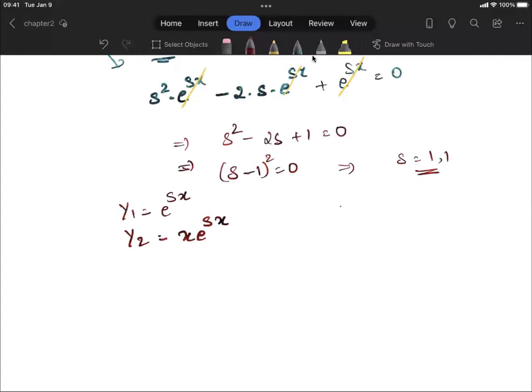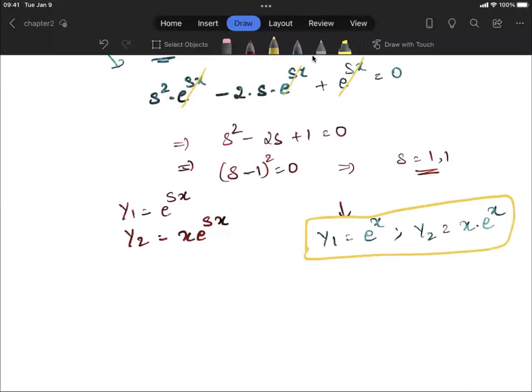So in this case, y1 will be e to the power x and y2 will be x times e to the power x. So these will be the solutions.